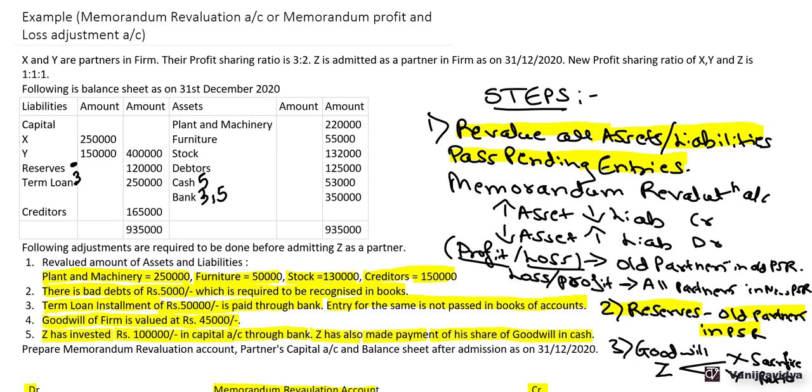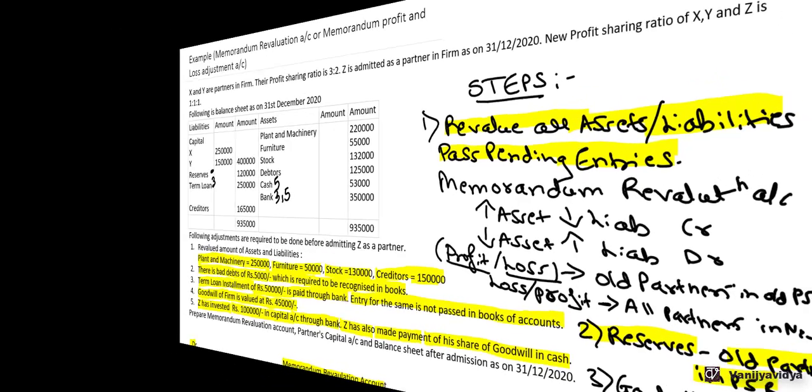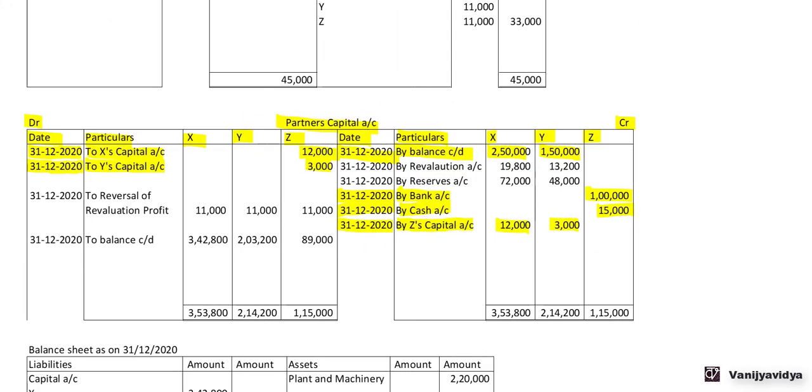So on the credit side of the partners' capital account, we will have this entry posted. So partners' capital account credit side, 31st December 2020, by reserves account 72,000 and 48,000. The 72,000 is 3/5 of 1,20,000 and 48,000 is 2/5 of 1,20,000.